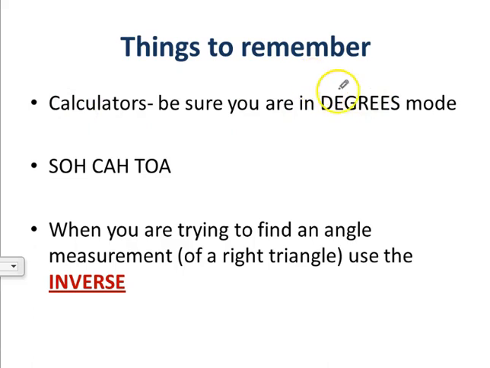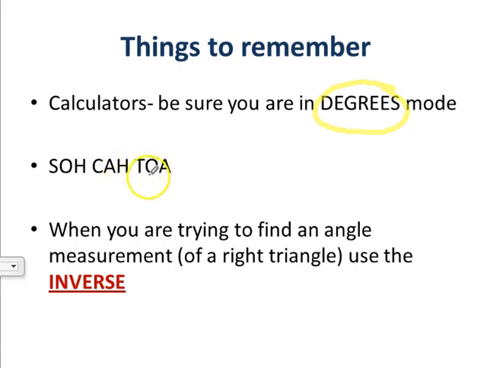Some things to remember as we're wrapping up Unit 5. On your calculators, make sure that you're in degrees mode when you're using those trig functions. SOHCAHTOA is a great way to remember the different trig ratios and which goes on top. First, the sine ratio is the opposite side over the hypotenuse. For the cosine function, it's the adjacent over the hypotenuse.